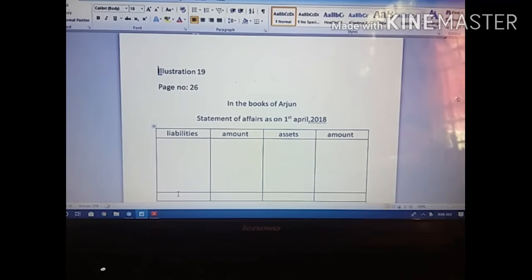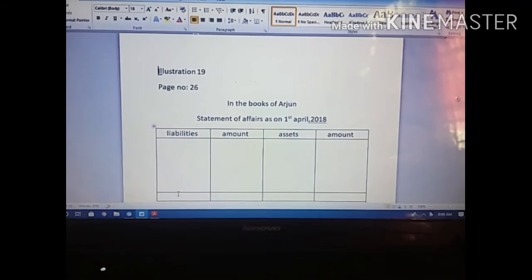So illustration 19, page number 26. Children, I already told you many times, even in 11th, if you have any adjustments, then you have to use the inner column. If you see your ledger note, there is a date column, particulars column, and a small column for JF, the ledger folio number.